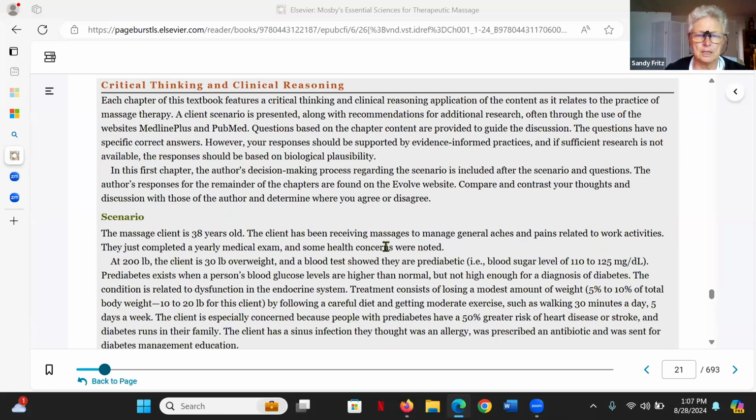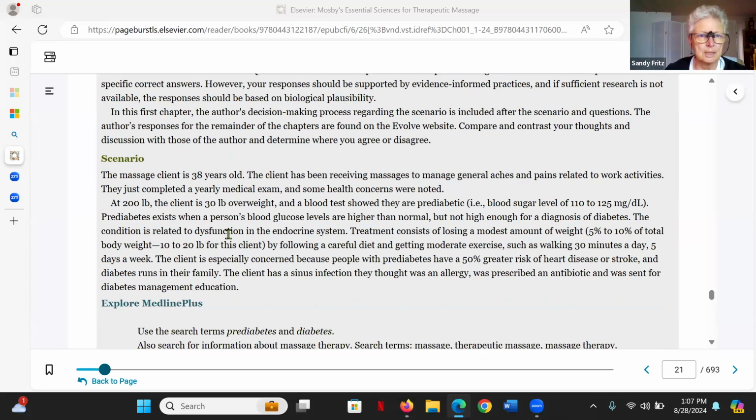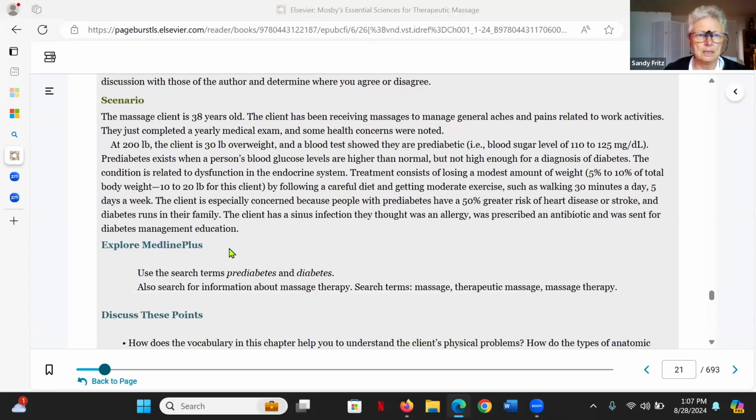So here's the little story. And this person happens to be diabetic. And then here's where it's going to lead you, Medline Plus, to learn about, this is an information database. It helps you learn about something.